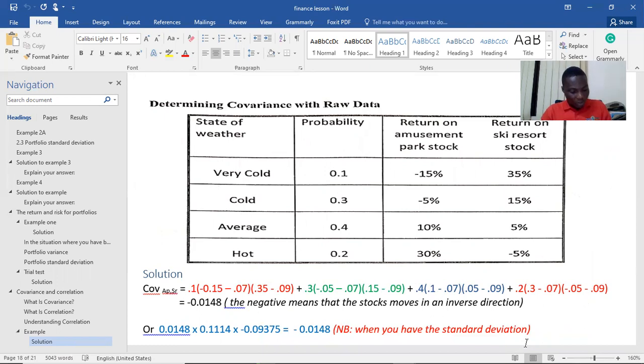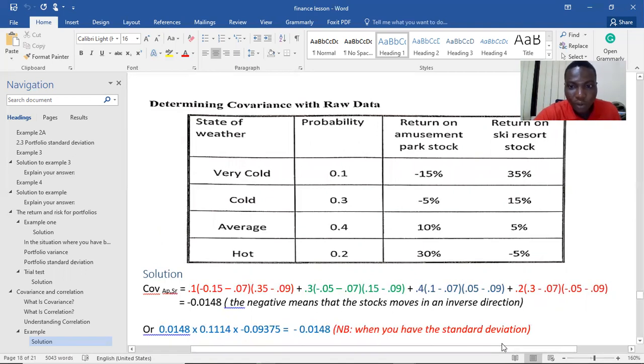So in an attempt to find the covariance, how do we then find the covariance? Covariance is giving us the probability, bracket open, the expected return for investment 1 minus its possible return or its required return.